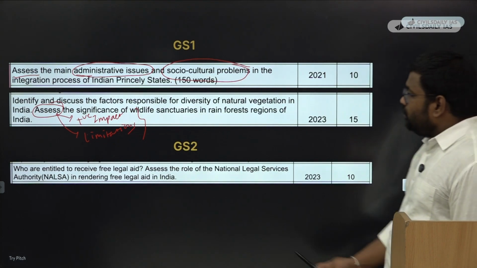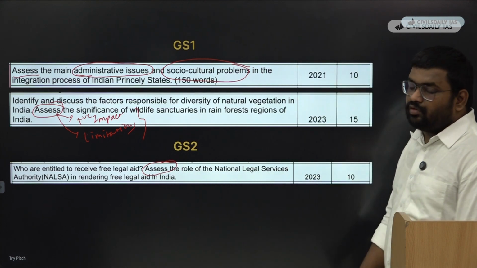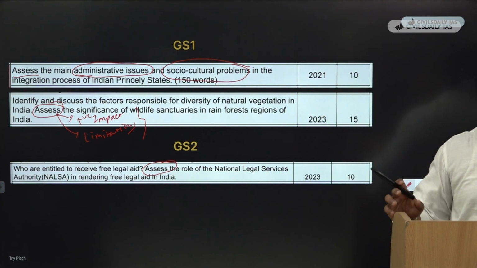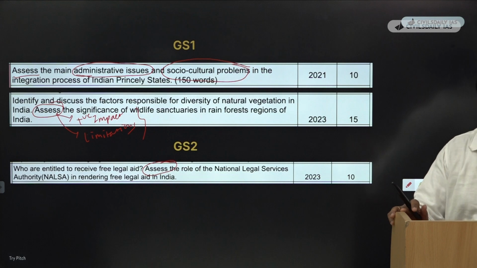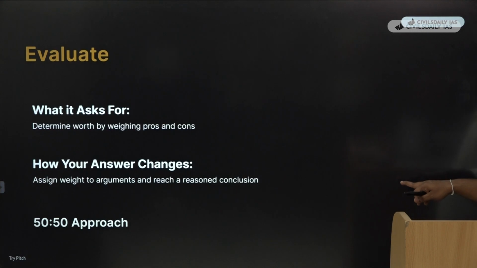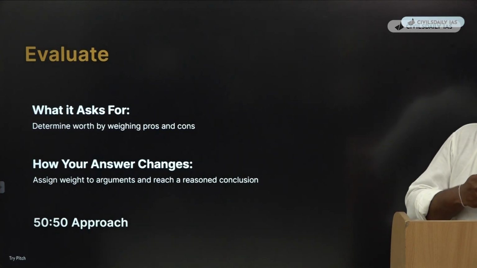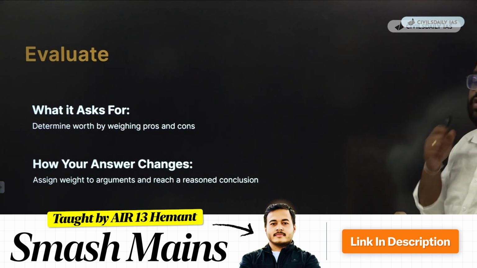Okay, here also, assess the role of, so again the role of the National Legal Services Authority. So basically they are asking you to assess the impact of NALSA. Again the positive impact and the negative impact or the limitations of it. Okay. Again, evaluate is also the same. So evaluating basically involves the pros and cons.